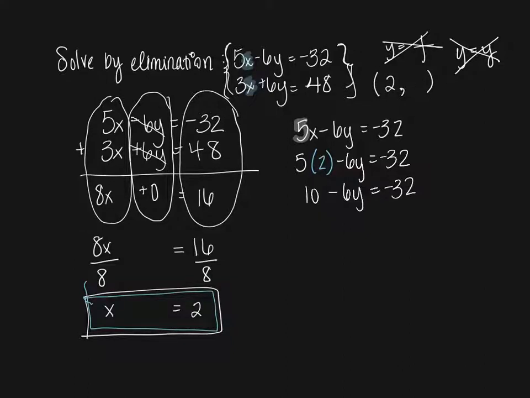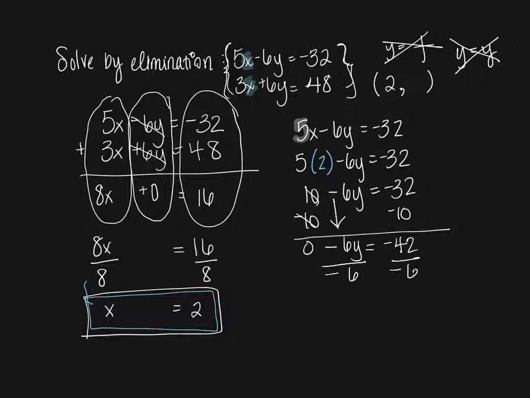Well, just like before, I'm going to subtract my 10 from both sides, and I'm going to end up bringing down my sign. These cancel out, so I've got 0 minus 6y equals negative 42. Divide by negative 6, and I get y equals 8.